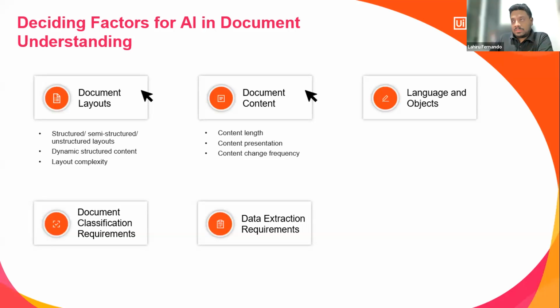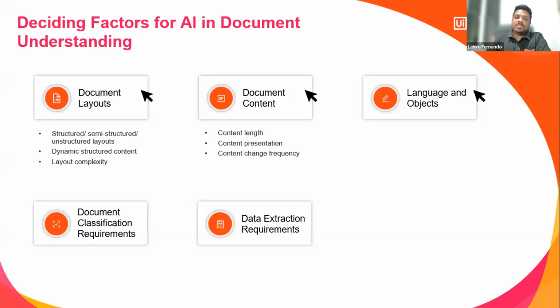In such cases, the content length, how it is presented in the document, how often these things change, and what are the things that change, these are little things we need to look at so we can really decide whether to go with a specialized AI model or whether to go with a generative AI model.